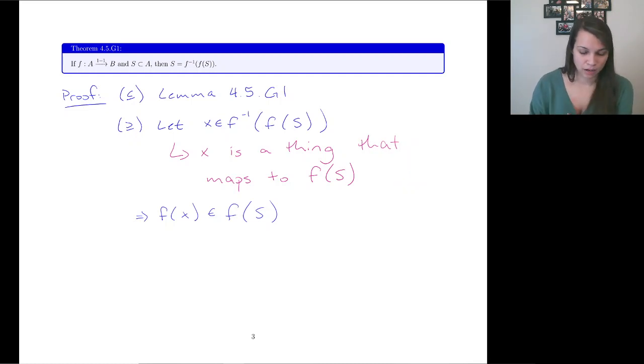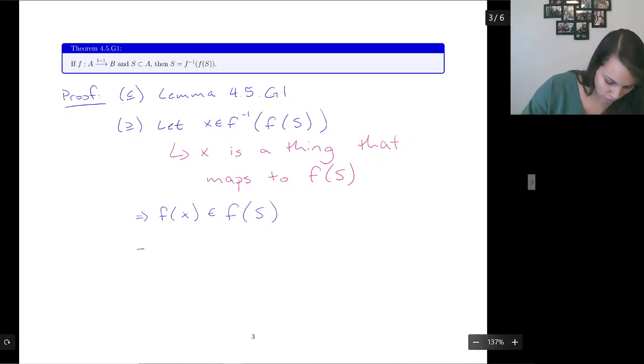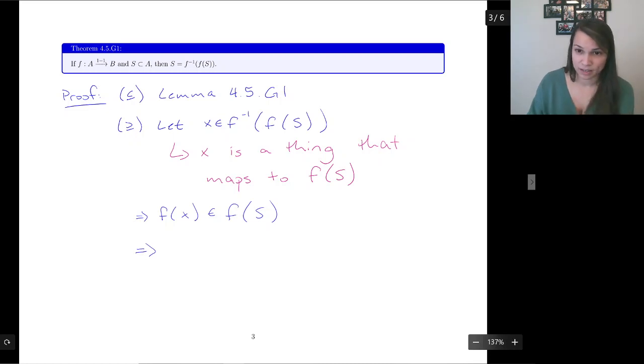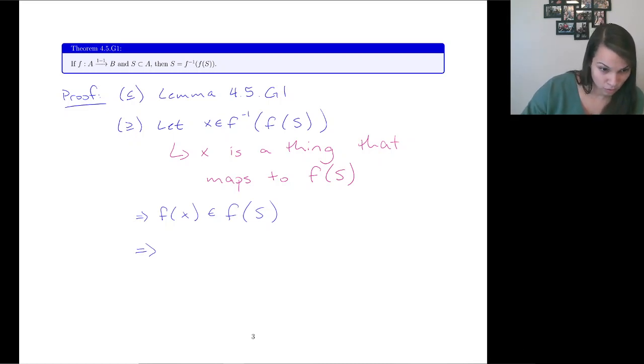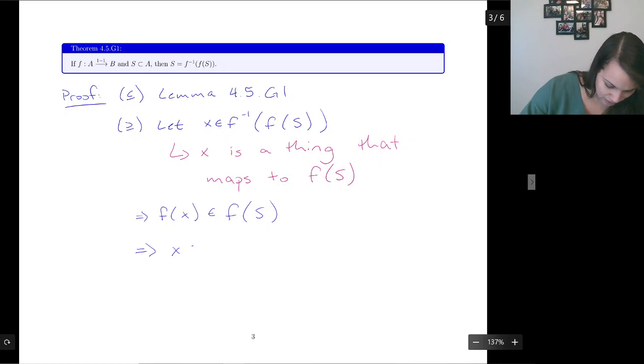Okay. And now that we have f of x is in f of s, we can use the fact that f is one-to-one. We now say that x is going to be an element of s because f is one-to-one.